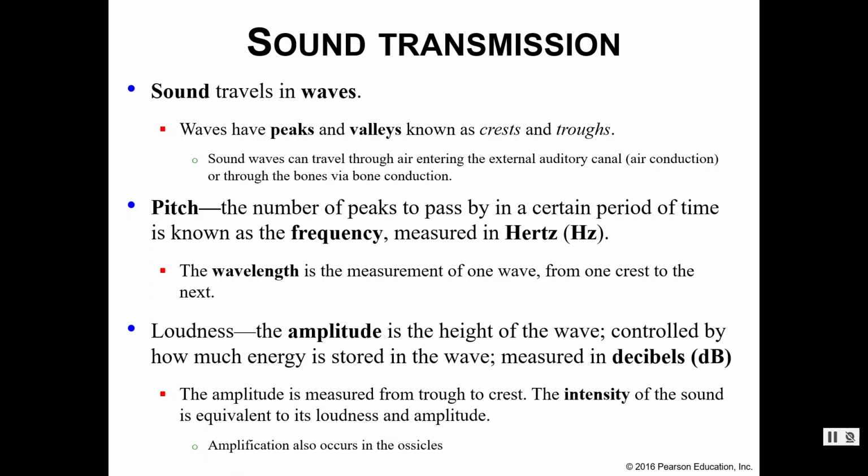You can have a high-pitched sound, but it's kind of a soft, low sound, but you could have a low-pitched sound that's very loud. So we can use both of these measurements to describe the sounds that we are hearing.